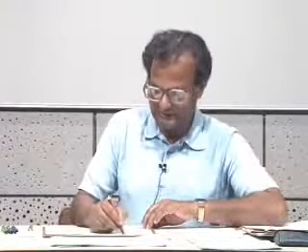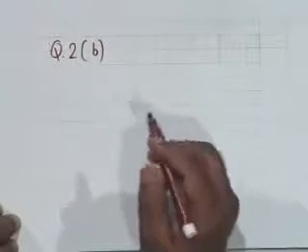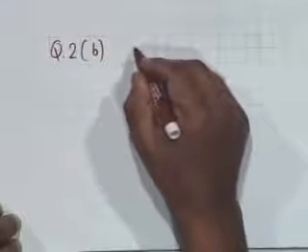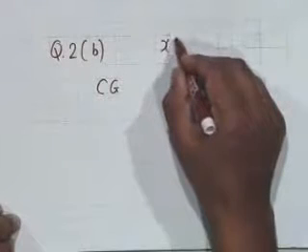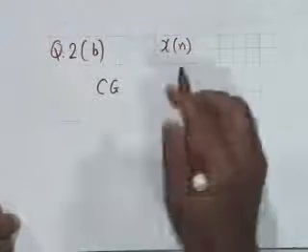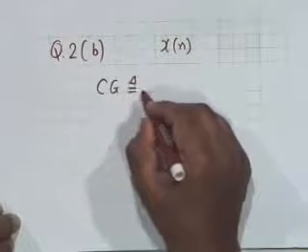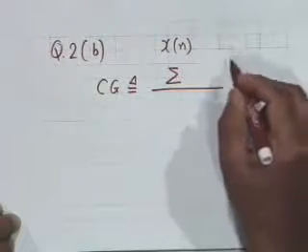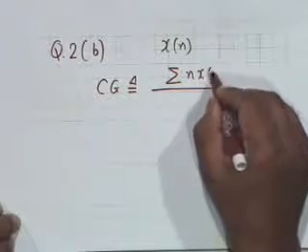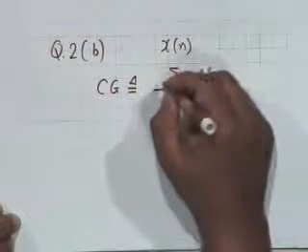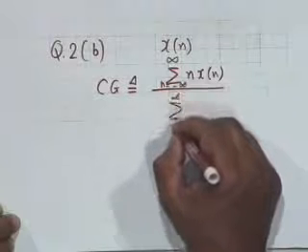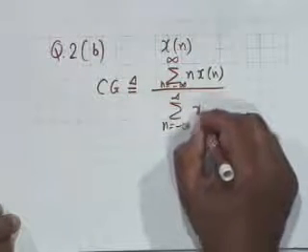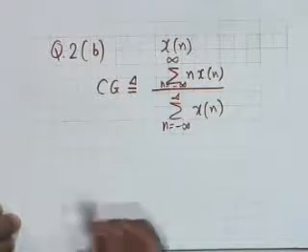Question 2b. Question 2b says that the center of gravity of a signal x of n, a discrete time signal, is defined as summation n x of n over n equals minus infinity to plus infinity divided by summation minus infinity to plus infinity x of n.